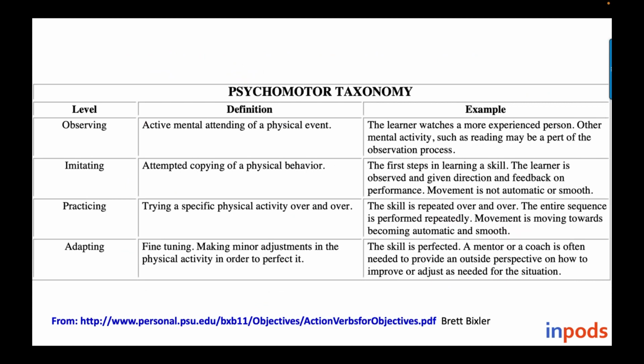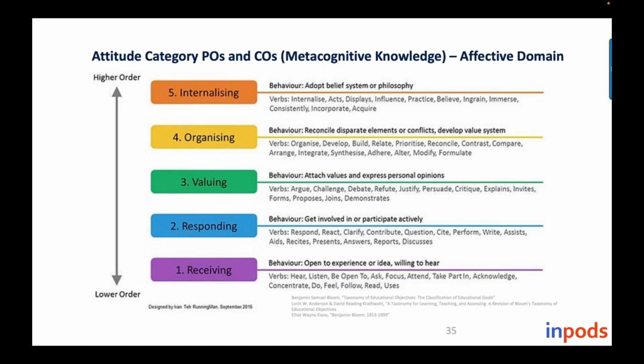So just saying that apply doesn't mean anything actually. To what level of application? Just saying take them to the level of analysis doesn't mean anything. So we have to always think about what I must expect from the psychomotor domain taxonomy. What level of the taxonomy should I take them to, right?